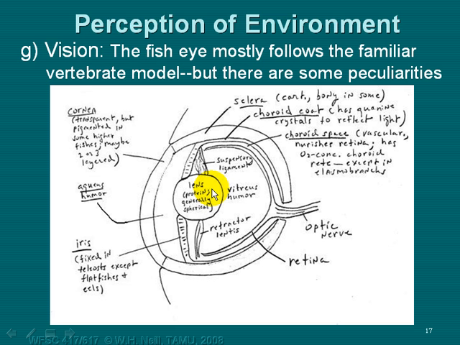So vision looks just like a human eye. Well, maybe not quite. It's got a lot of the same stuff that you'd see on the eye chart if you went to your optometrist or ophthalmologist. It's got a cornea, a lens, a retina, an optic nerve, a vitreous humor behind the lens, and an aqueous humor in front, between the lens and the cornea. It's got an iris.